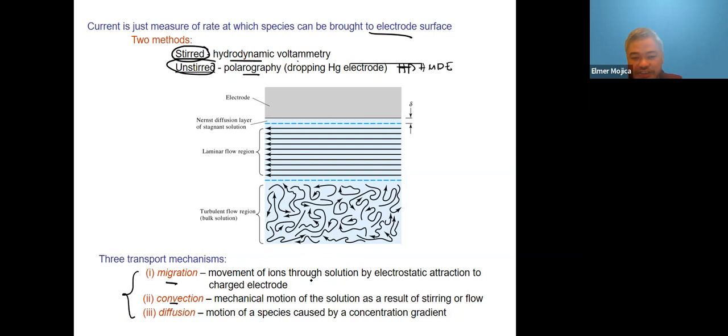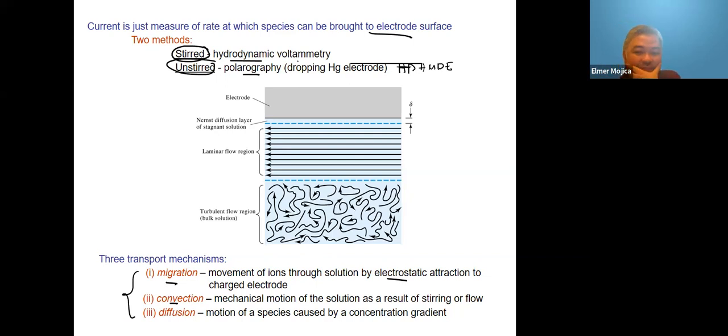Migration has something to do with movement of ions in the solution through electrostatic attraction to the charged electrode. Convection has something to do with mechanical motion, and diffusion has something to do with gradient in the concentration.